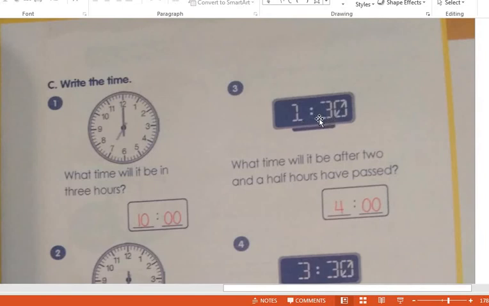I told you before, after 1:30 by half an hour, it will be 2. I calculated the half hour and reached 2. And plus 2 hours, so it will be after 2, 3, 4. So the answer will be 4 o'clock.